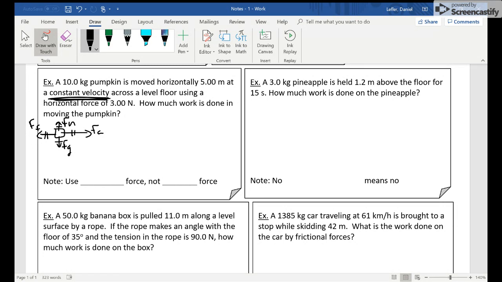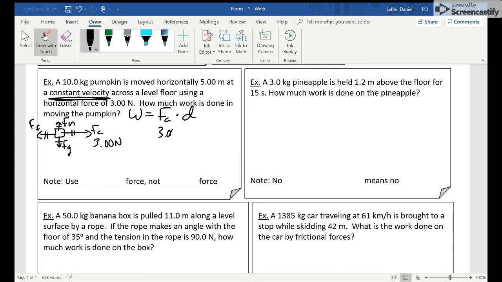So when we go to look at this, we can use our work equals force applied times distance. We are told that we are using 3.00 newtons of force on this.